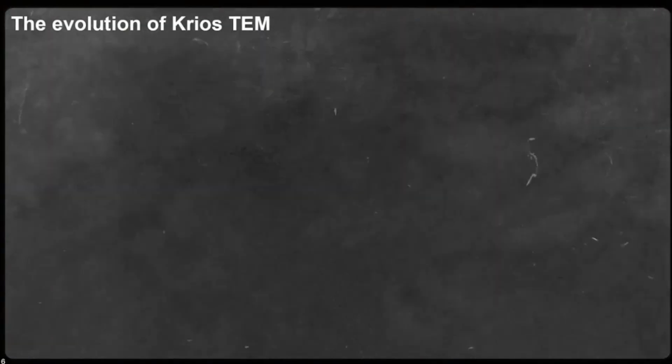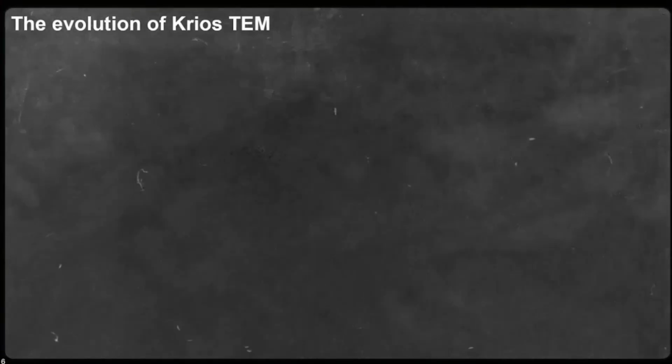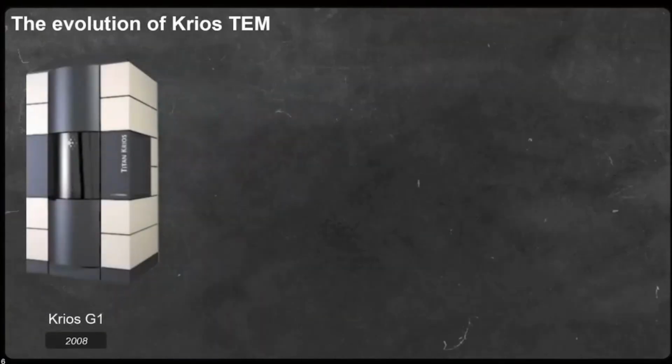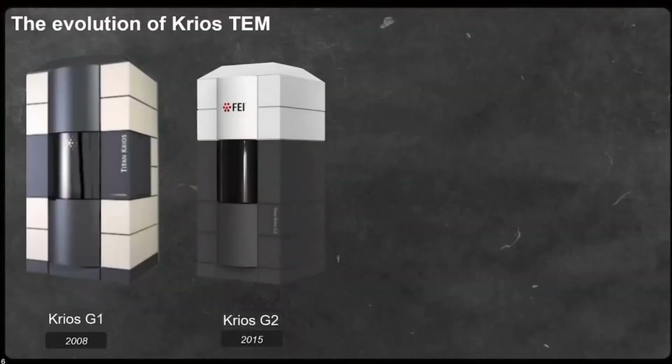Of course, a lot of instruments play an important role in getting all these data. One of the instruments that has played a significant role since the early days in the development of single particle analysis and tomography is the Krios microscope. The first version was launched in 2008. Some of you might still remember or have that instrument.